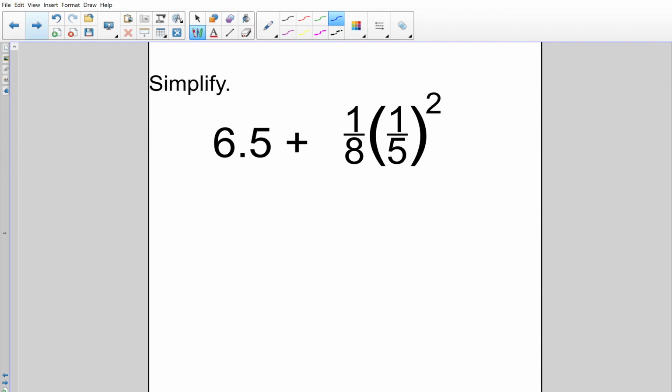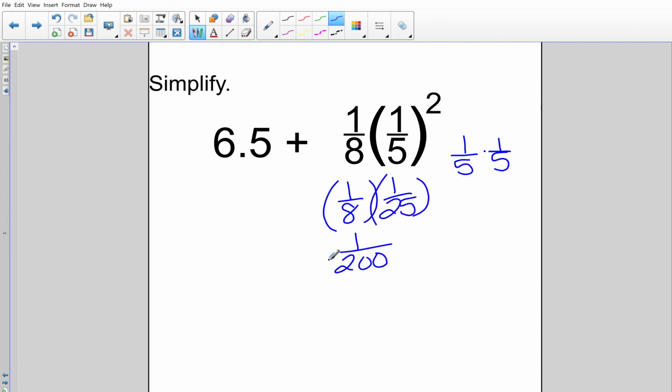This one, you're going to have to make a decision, and I'm thinking that working with decimals is easier than fractions. So I could do this part, I could multiply out. I've got 1/5 times 1/5, I do my square first. So it's 1/8 times 1 over 25. And if I want to work that out, that's 1 over 200 plus 6.5. Now, I have an option. I can either change this one into a fraction that contains a denominator of 200, or I could go ahead and change this over to a decimal.